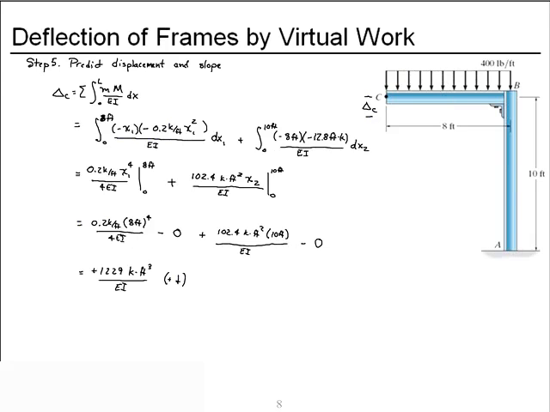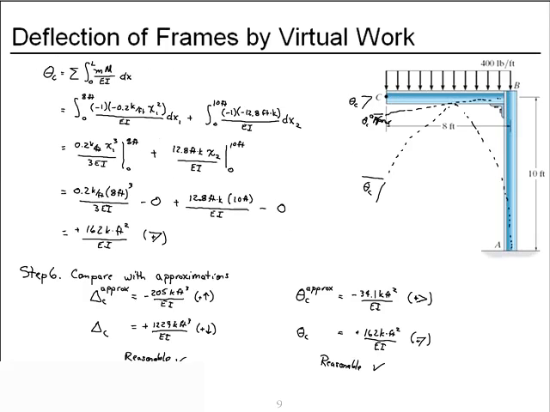We then multiplied the virtual moment times the real moment, divided by EI, integrated with respect to x over the length of each member, added those quantities up, and obtained our prediction of displacement, and then slope.